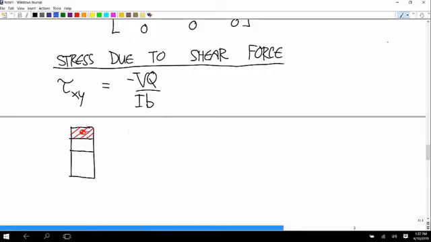The distance we want is this. So area is equal to 0.02 times 0.025. So that is 5 times 10 to the minus 4.